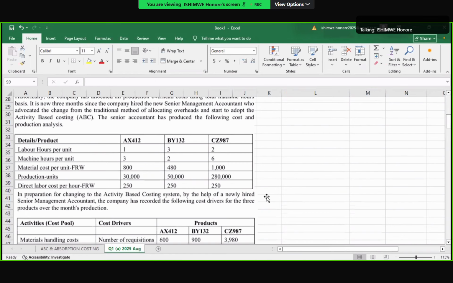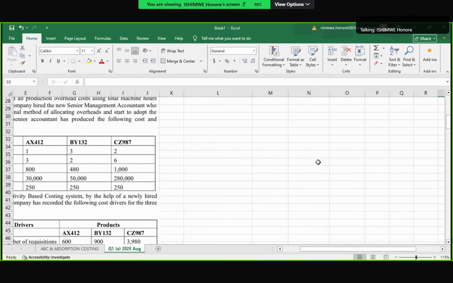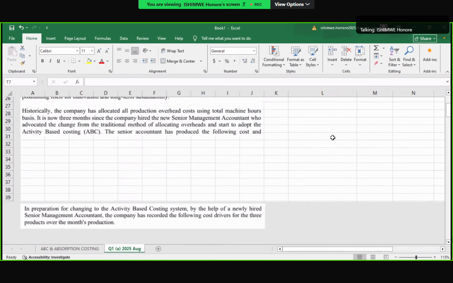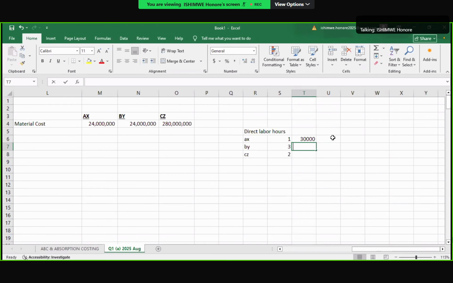If you remember, the units are 30, 50, and 280. Why am I saying that? Because it is labor hours per unit. For one unit, how many labor hours do you spend? So we put our units 30,000, 50, and 280. These are our production units.